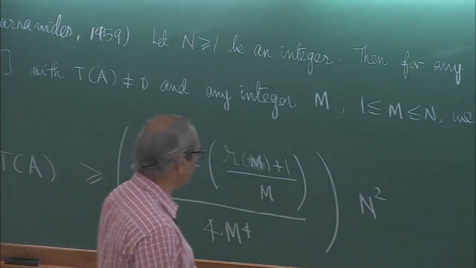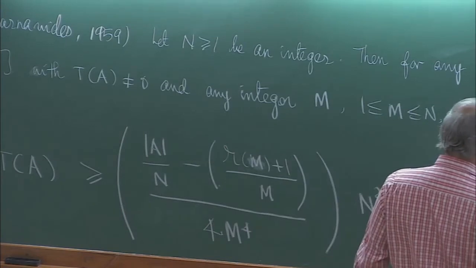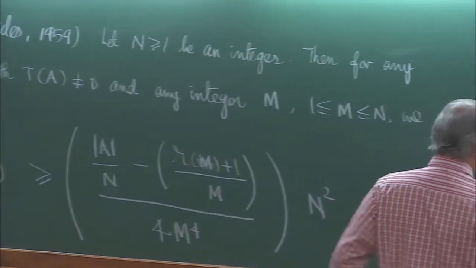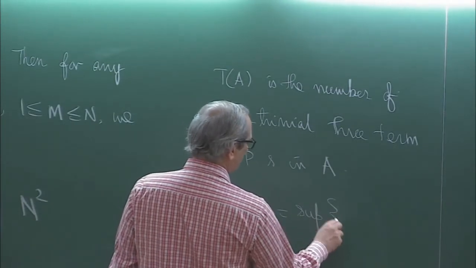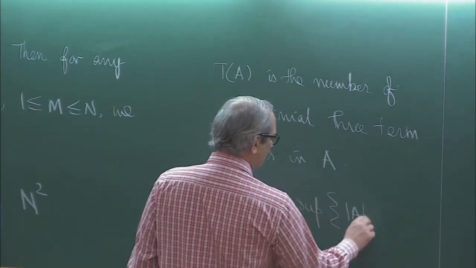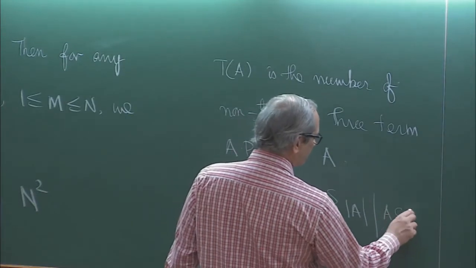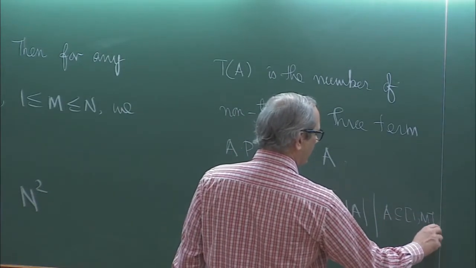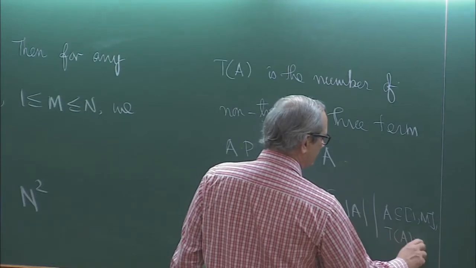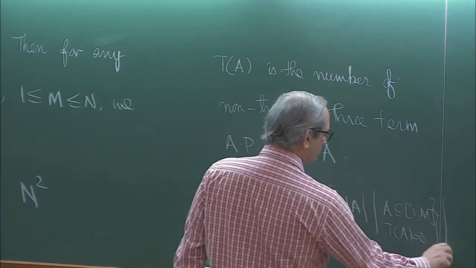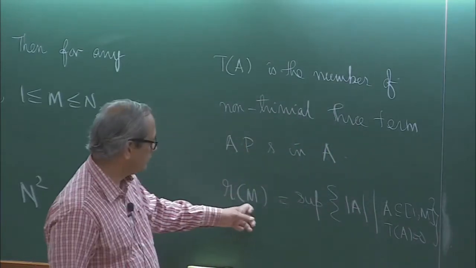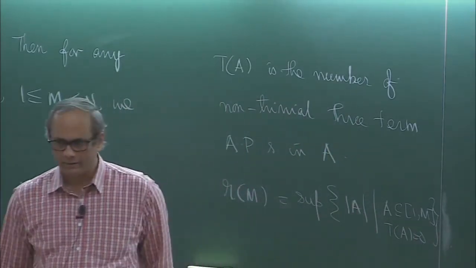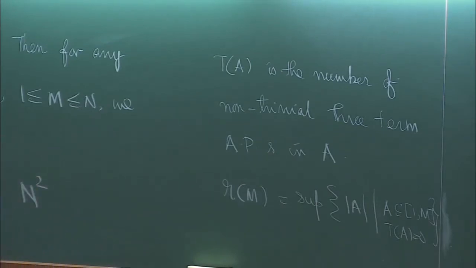Pardon? R of m is the cardinality of the, so it's the supremum of the cardinalities of A such that A is contained in 1 to m and Ta is 0. So, yeah. So, it's the size of the maximal subset of 1 to m which does not contain a non-trivial 3-term AP.